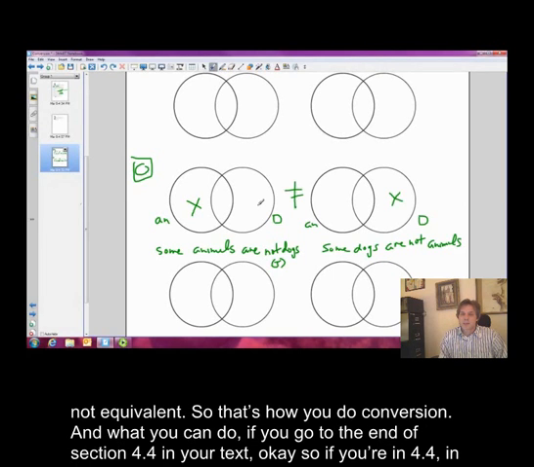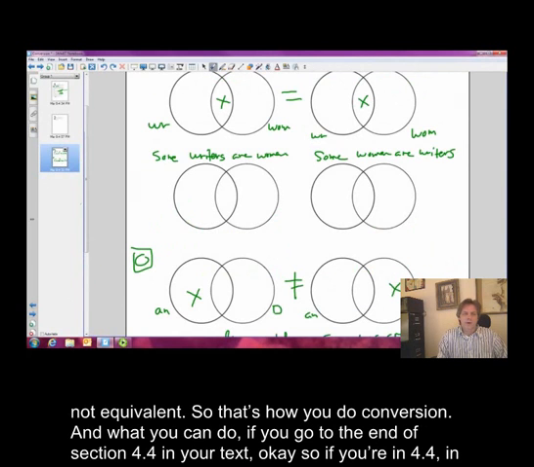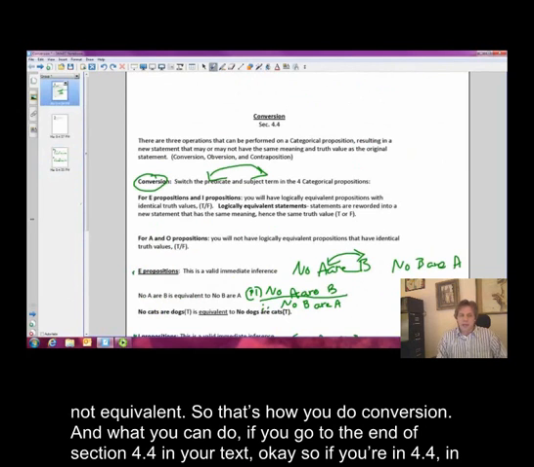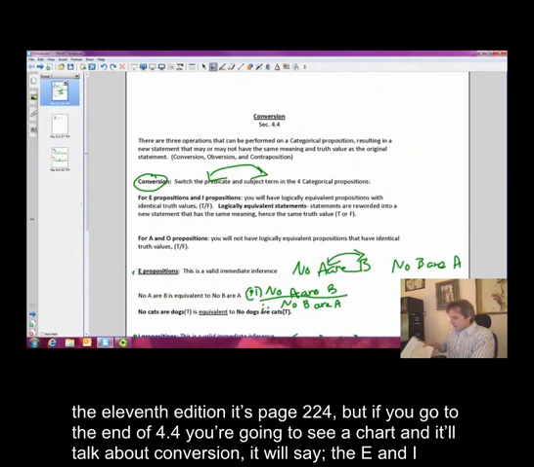It is not equivalent. Okay, so that's how you do conversion. And what you can do is if you go to the end of section 4.4 in your text, okay, so if you're in 4.4 in the 11th edition, it's page 224, but if you go to the end of 4.4, you're going to see a chart here, and it'll talk about conversion.